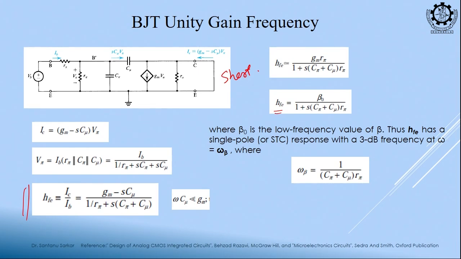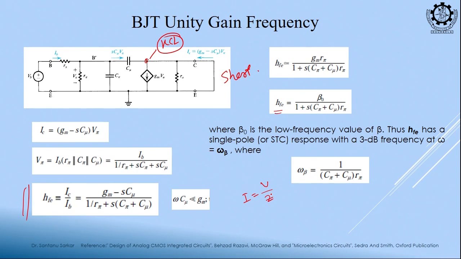Do not worry about what FE is, HFE is a hybrid parameter, it means your short circuit current gain, IC by IB. Similarly, if we do the KCL at this node, it is gm V pi minus s C mu V pi. What is I? I is equal to V by impedance.